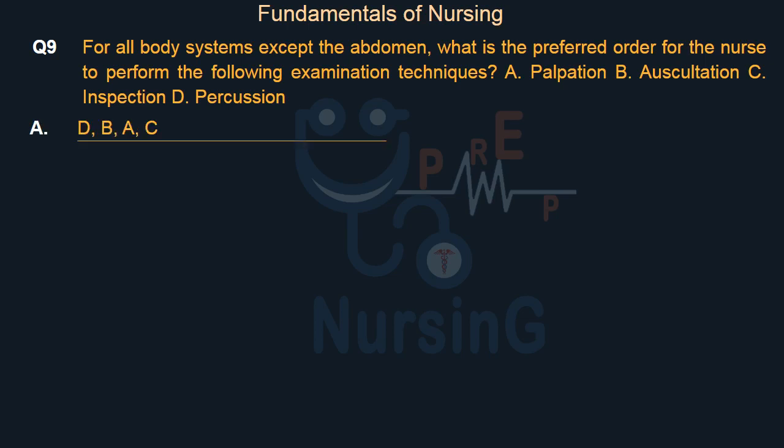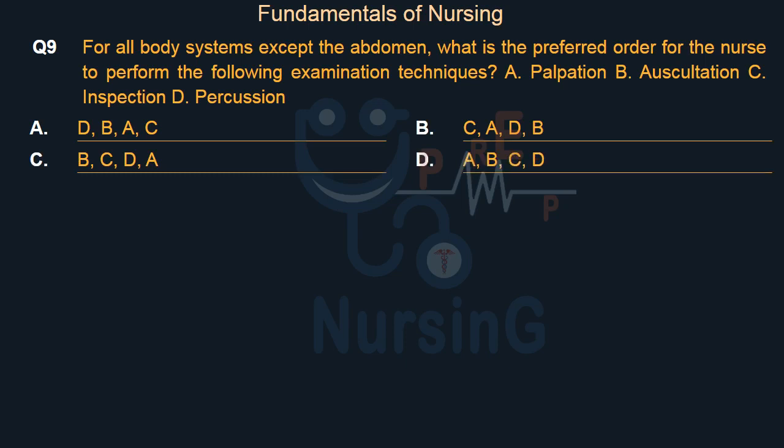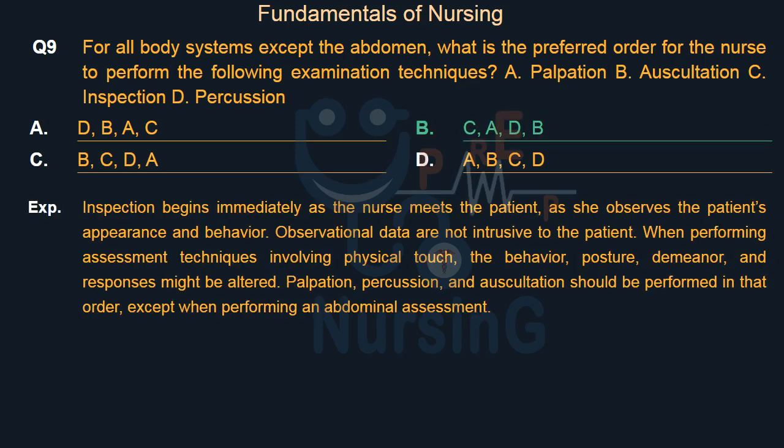Option A. D, B, A, C. Option B. C, A, D, B. Option C. B, C, D, A. Option D. A, B, C, D. Right answer is Option B. C, A, D, B.